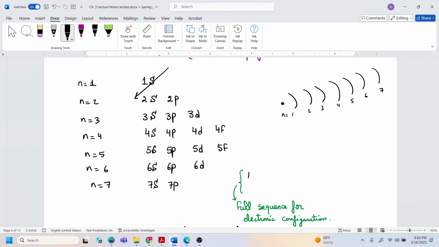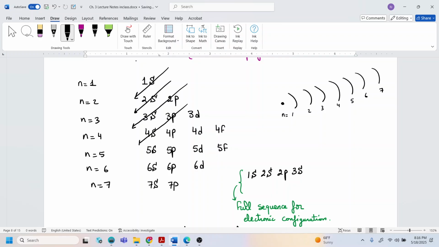That is the 1s. Now I'm writing the sequence of the electronic configuration. Then I have the 2s, and this sequence is always used. Then I have the 2p and the 3s. You need to write them like this so that you can write them in the right sequence.